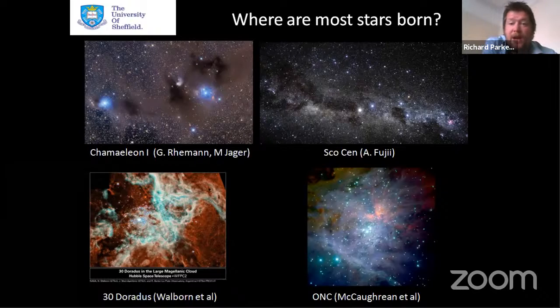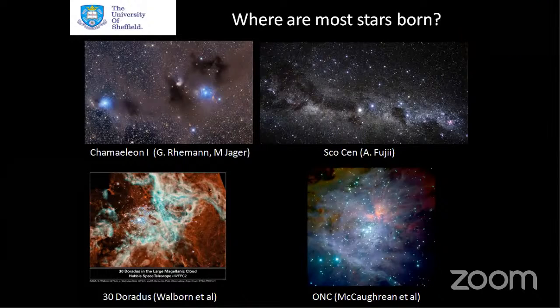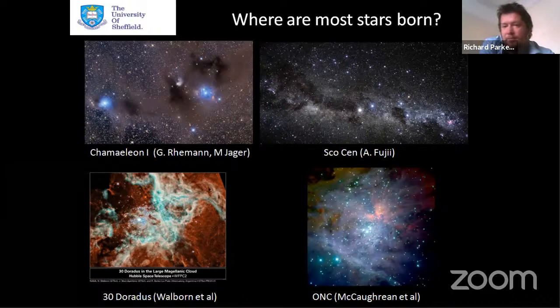Or alternatively, most stars may form in very dense environments that are often referred to as clusters. A cluster formally is a system of stars which is gravitationally bound, so total negative energy. But as you can imagine, it's very difficult to distinguish this observationally. So a lot of the time, we just define a cluster as being something that's particularly dense or contains a certain number of stars.